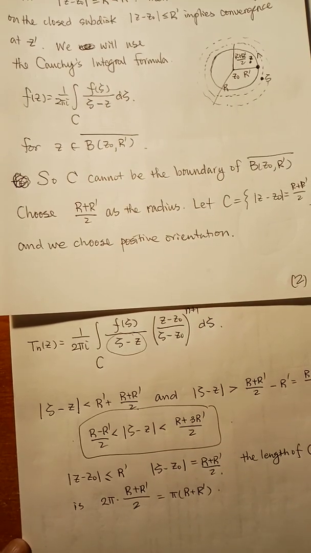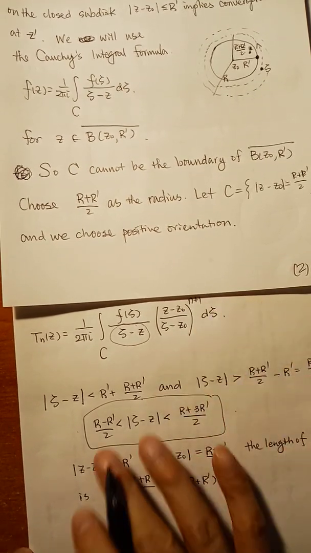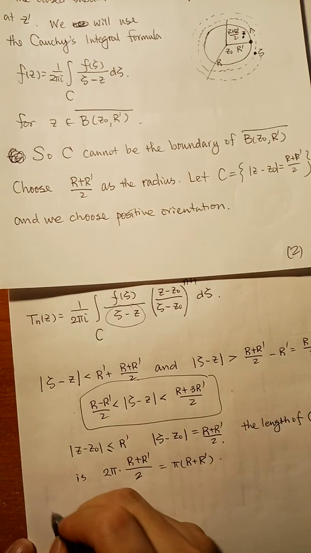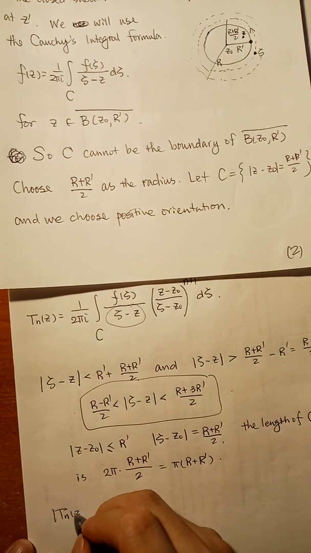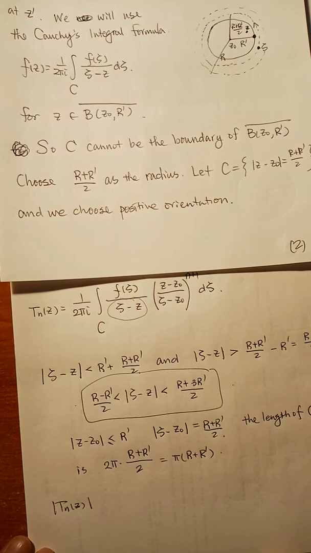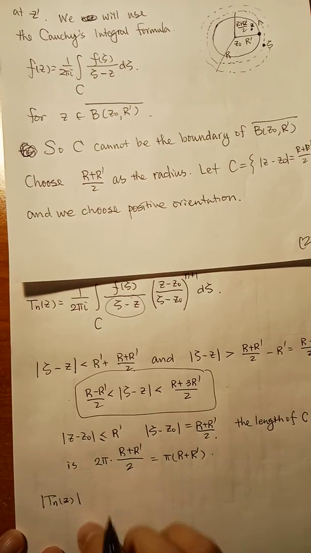Okay, so with all these quantities in mind, let's estimate the absolute value of T_n(z).